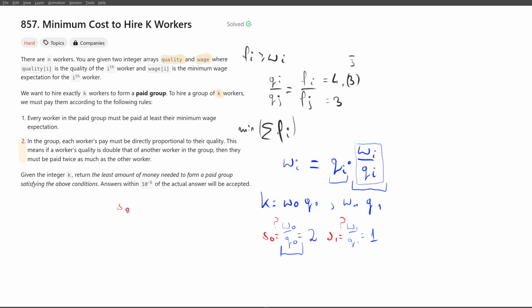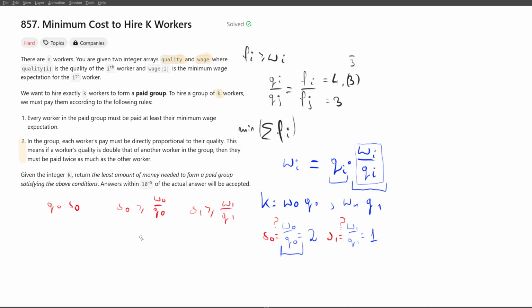But we know for sure that the scaling factor for 0 has to be at least equal to W0 divided by Q0. That's what we saw previously. That is why it's his minimum wage, because he will be paid Q0 times S0, so that has to be at least equal to W0. So S0 has to be at least equal to W0 divided by Q0. Same thing for S1: it has to be at least equal to W1 divided by Q1.